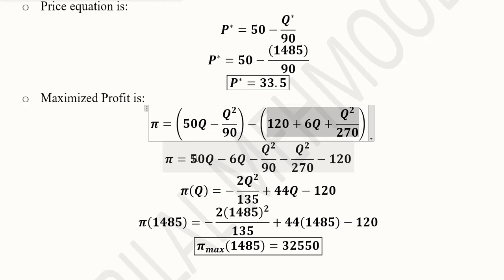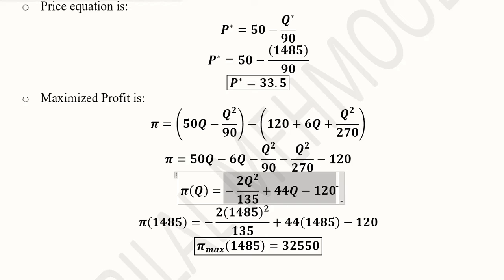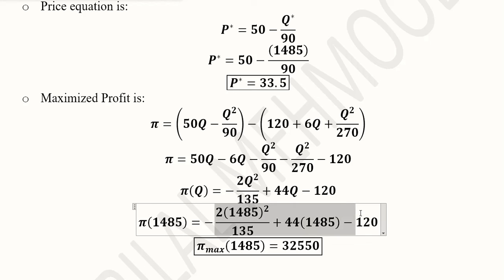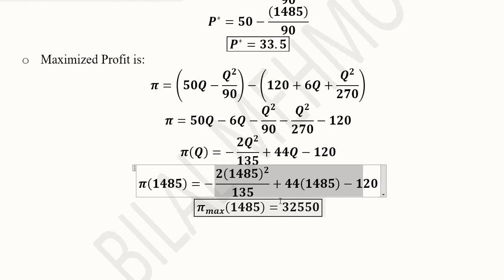And primarily we have simplified this expression and it becomes this, and now it is a consolidated version of the profit function, which is a function of Q. And after putting the value of Q in multiple places, we have the equilibrium value of profit, which is 32,550, and it happens when the output is 1,485 and when the price is 33.5 units.